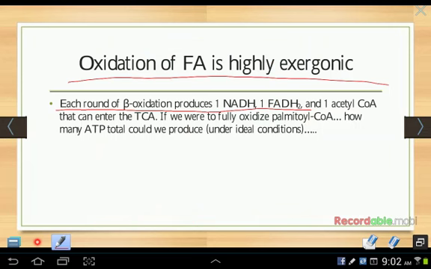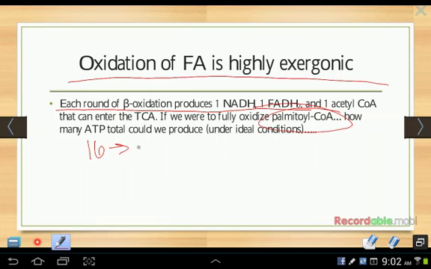So if we're looking at palmitoyl-CoA, all right, let me get my textbook real quick so that we can work out this calculation together. So if we're looking at palmitoyl-CoA, palmitoyl is a 16 long, right?